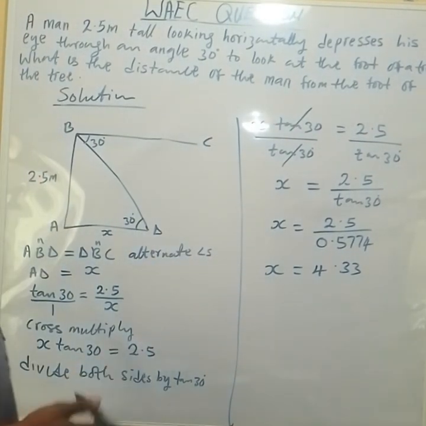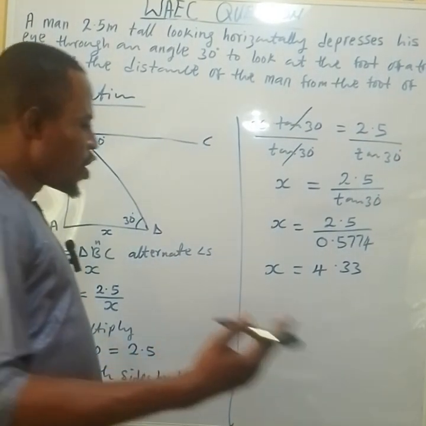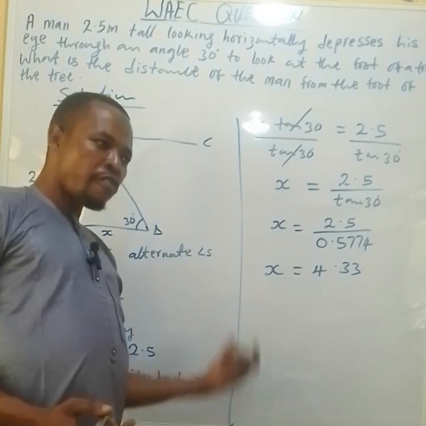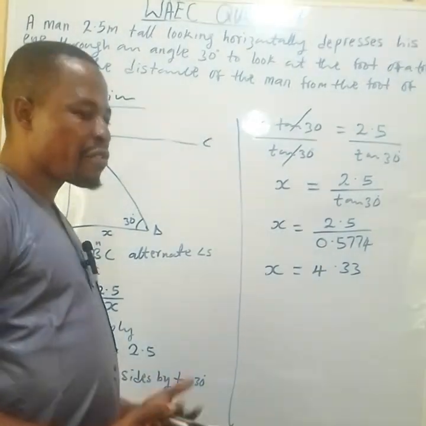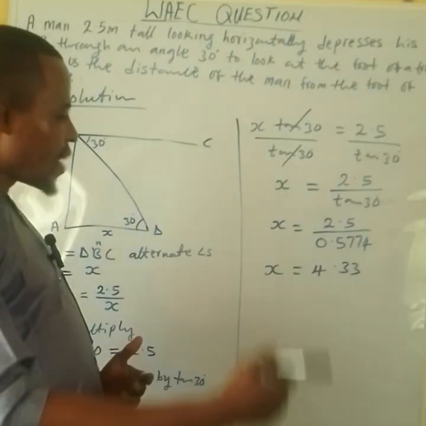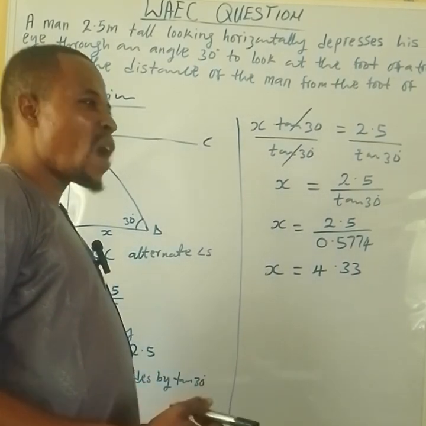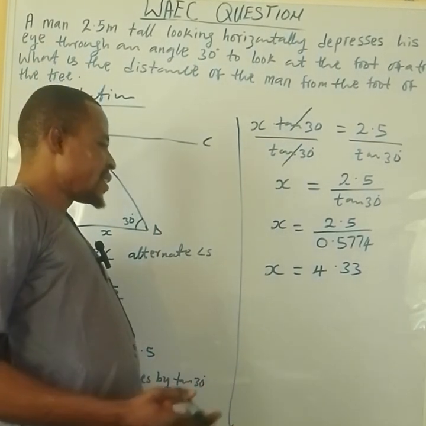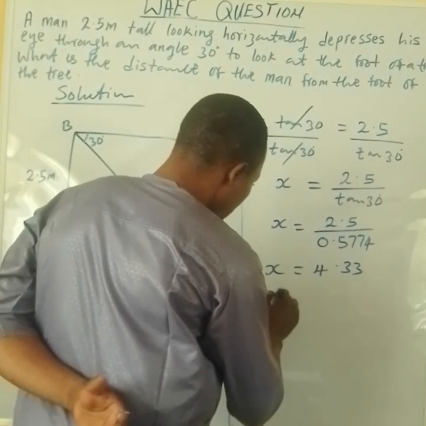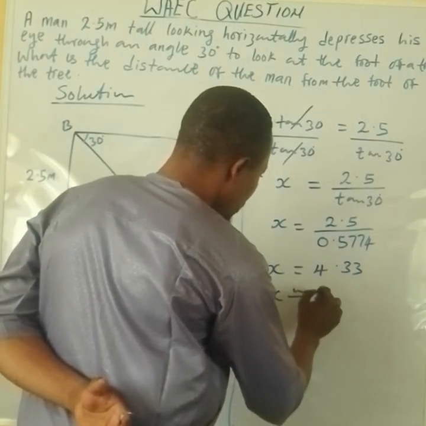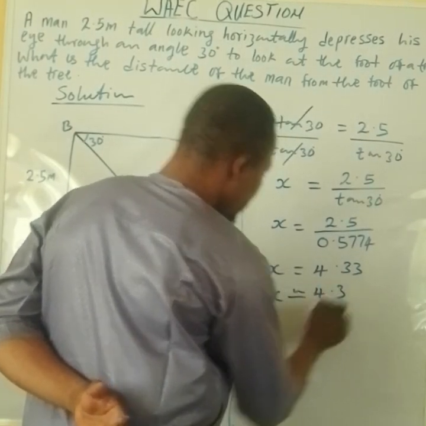If in the exam they ask you to leave your answer to the nearest whole number, then your answer will be 4, because the .33 you have, if you round it, can only round down. If they ask you to leave your answer in one decimal place, then X equals 4.3.